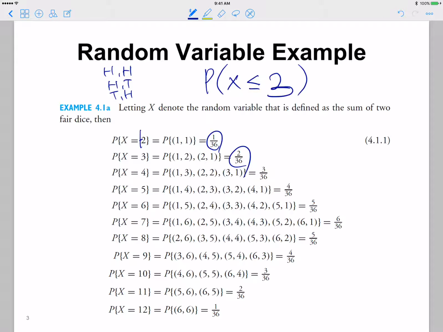But the random variable is actually mapping each of these cases into some number. And then once mapped to these numbers, that's when you can now perform this kind of comparison between these numbers.